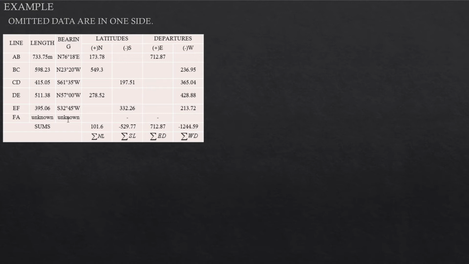Okay, so para makuha yan, gamitin lang natin yung principles dun sa part 2 or part 1 ng lecture natin na dapat yung summation ng latitude natin ay mag-equal sa 0. Ibig sabihin tama yung mga nakuha nating values. Then yung departure natin dapat ay mag-equal sa 0.